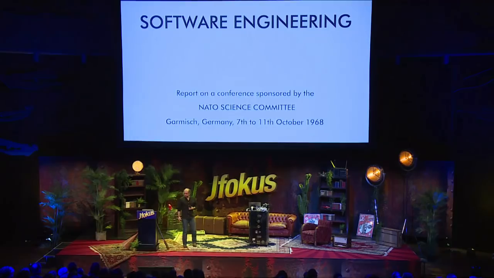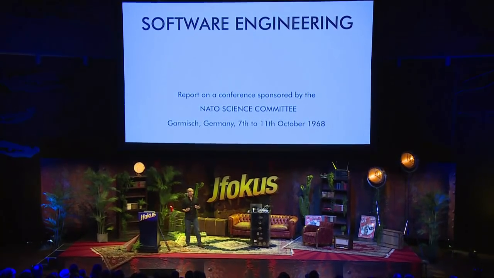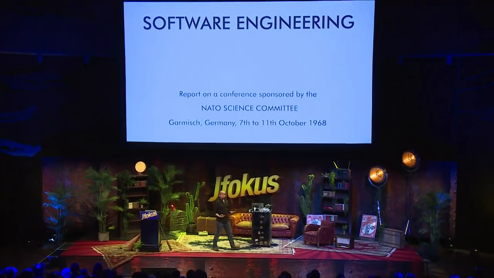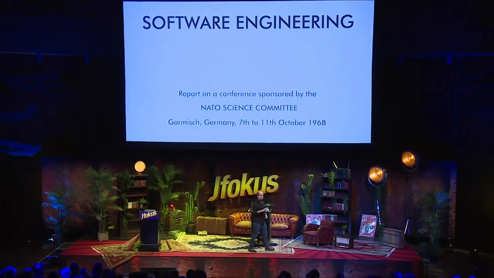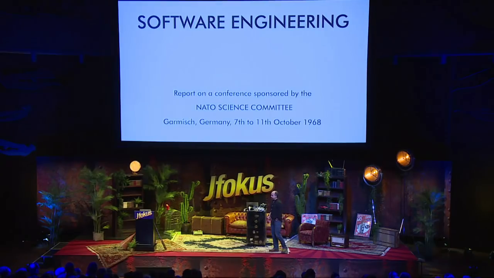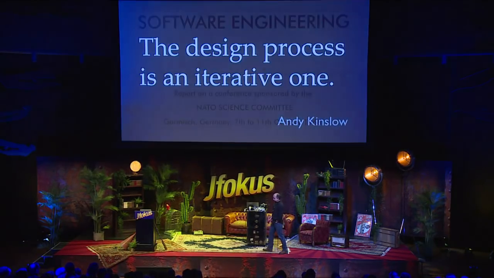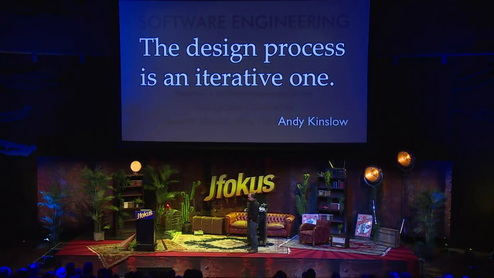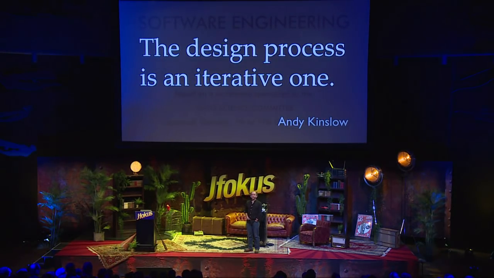Well, if we go back here, then we might say, well, look, software engineering, as maybe you were taught it in university, that was all about big upfront design. It was all about a planned process. We're going to blame these guys for that. The design process is an iterative one. That's in the 1968 document.